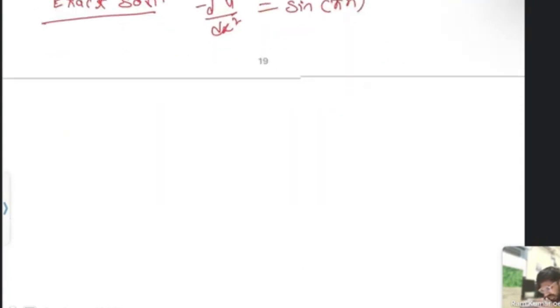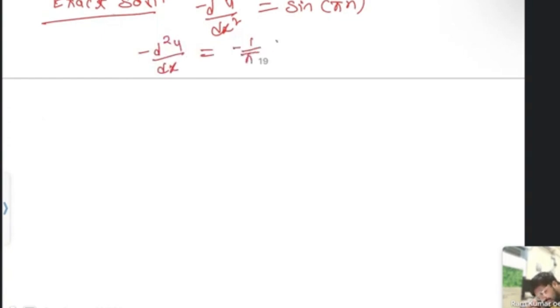Then we integrate once, and it becomes minus du by dx equal to minus 1 by pi, sorry, it will be cos, not sine, cos pi x plus c1. One constant will come.